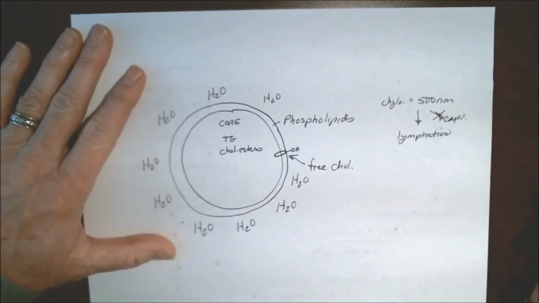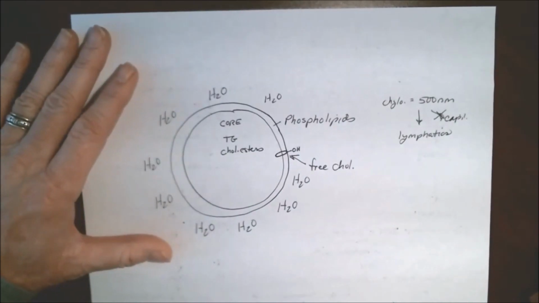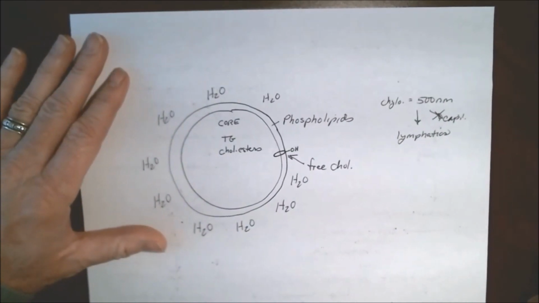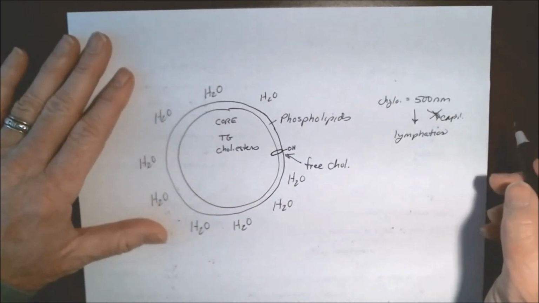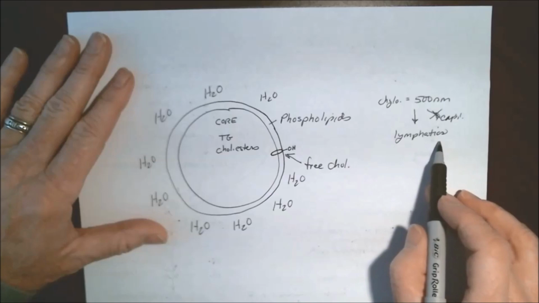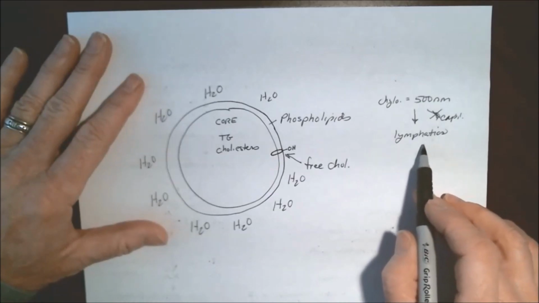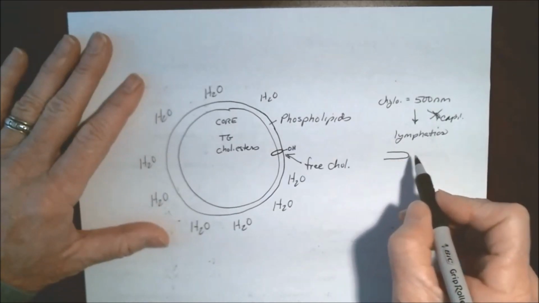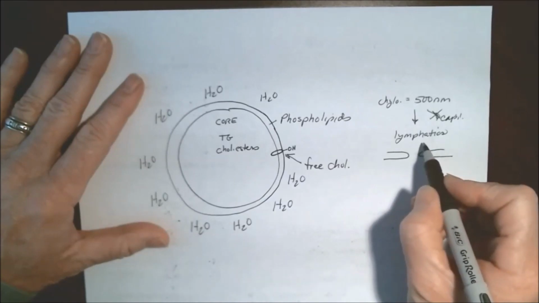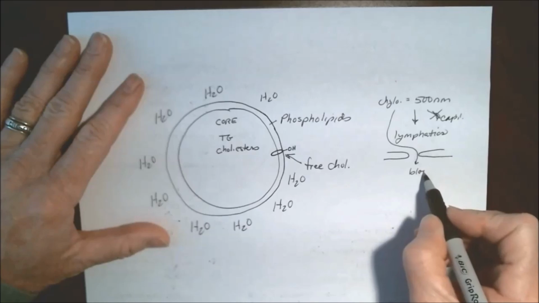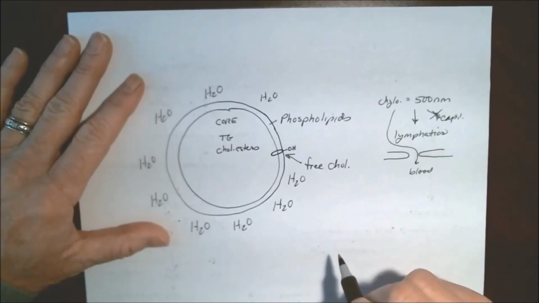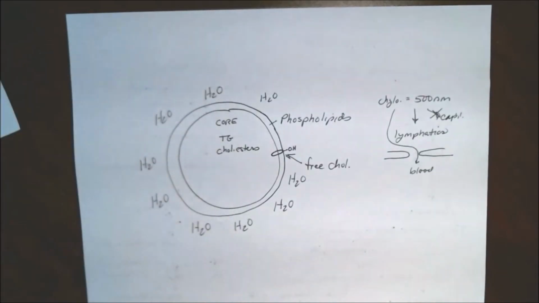Capillaries are going to require much smaller particles in order to get through those endothelial junctions in between the endothelial cells that form the capillaries, but the lymphatic endothelial cells are leaky. They have larger pores, larger openings where the chylomicrons can slip through and then eventually get to the blood. So now that's the chylomicron structure.